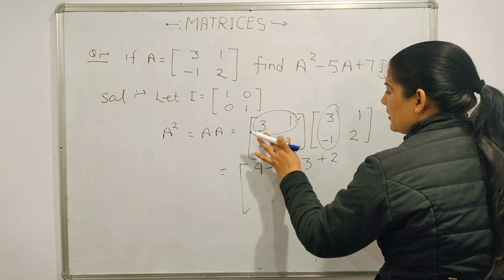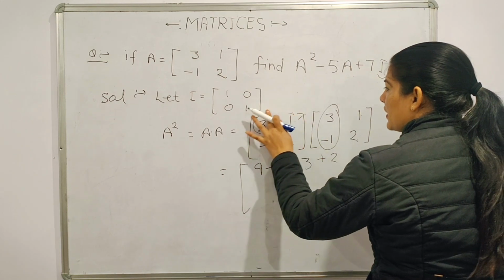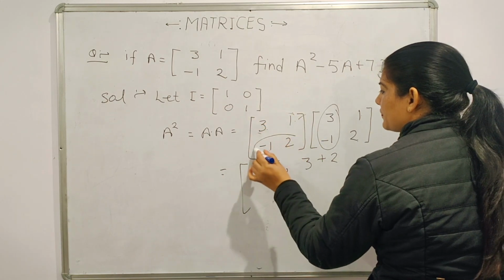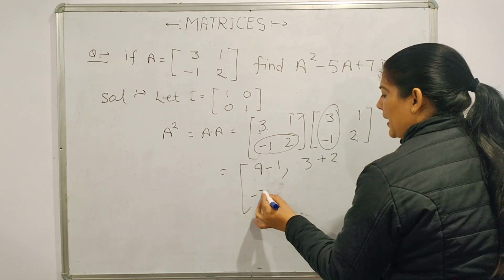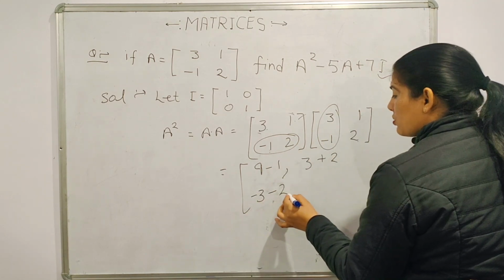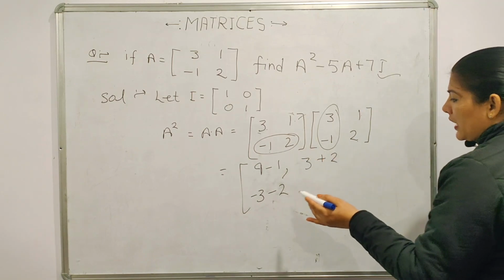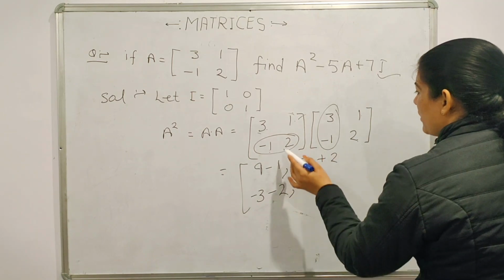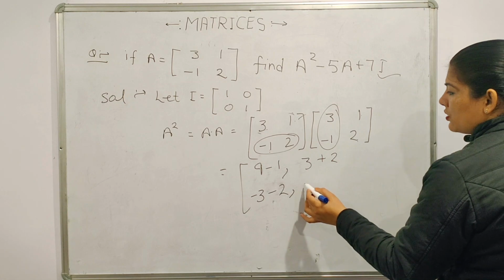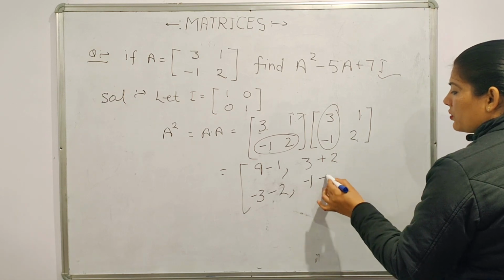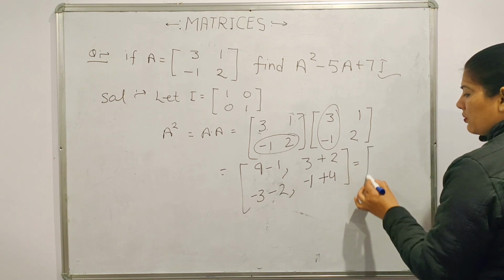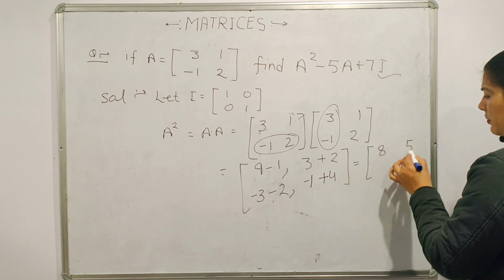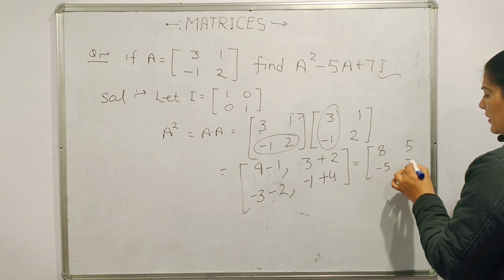Then take the second row: minus 1 into 3, minus 3, minus 2, because 2 into minus 1 gives you minus 2, and minus 1 into 1, minus 1, 2 2s are 4. So this is equal to 8, 5, minus 5, and 3.